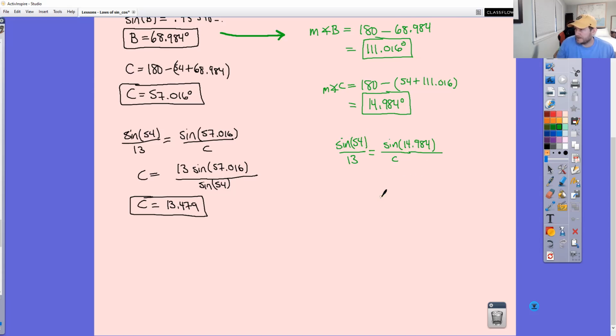So cross multiply and you'll get C equals 13 times the sine of 14.984 divided by sine 54. So C is approximately 4.155.